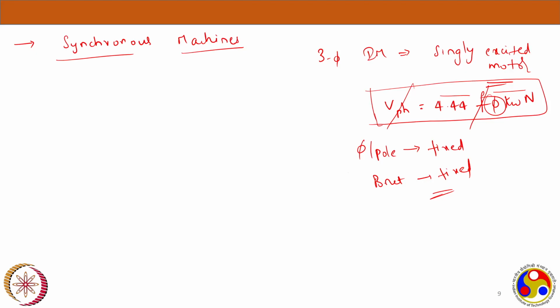But the important point is the synchronous machine is a doubly excited machine. Now, what exactly does doubly excited mean? We have stator and also rotor. On the stator we have this three-phase distributed winding, same as the induction machine, like any stator where some slots will be there and we wind our three-phase distributed winding.